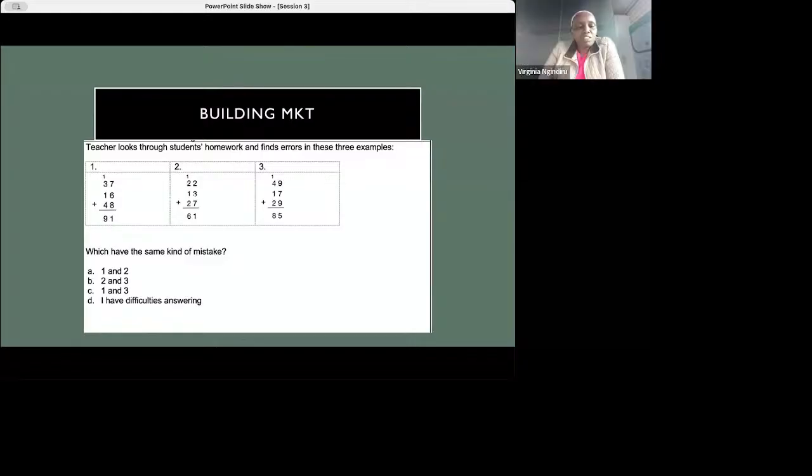I think it is in all. You think it's what? Sorry, say it again. The mistakes, were they not similar across all? Well, in 1 and 3, the error was, as we heard, they added the ones and then carried over a 1, but it should have been a 2.